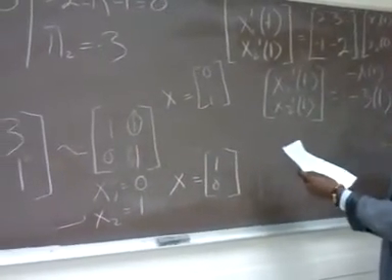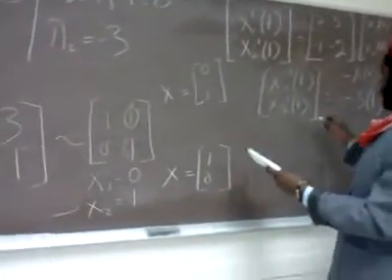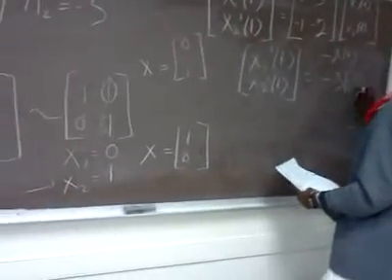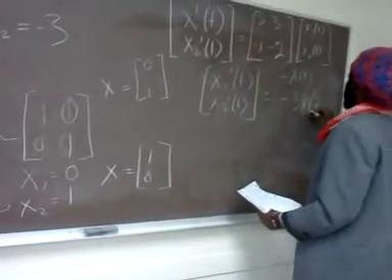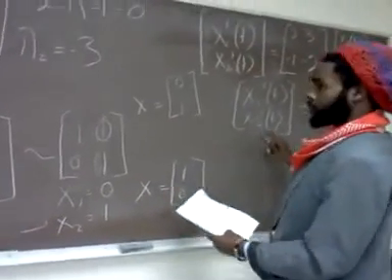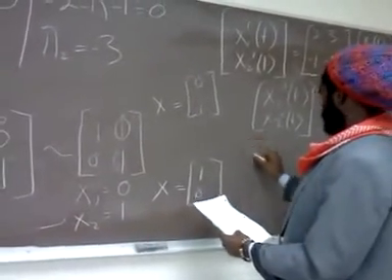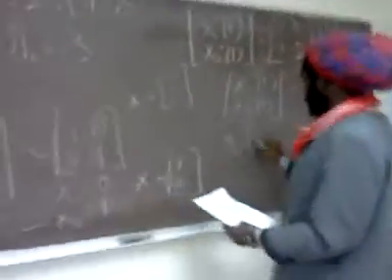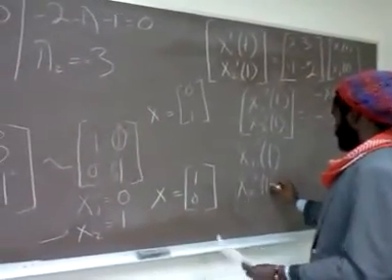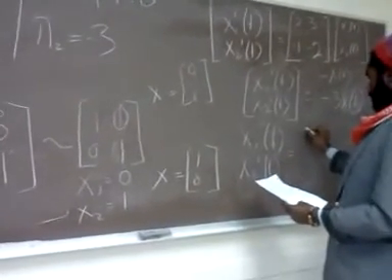Once we have that, after we do that, we need to solve for x prime. And the way we do that is we just bring this down: x1, x2 of t equals c.